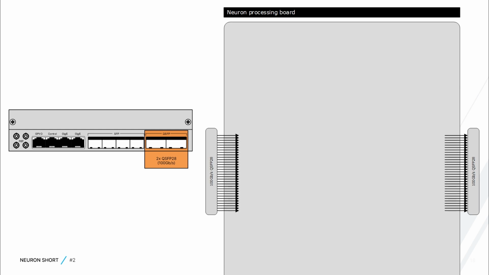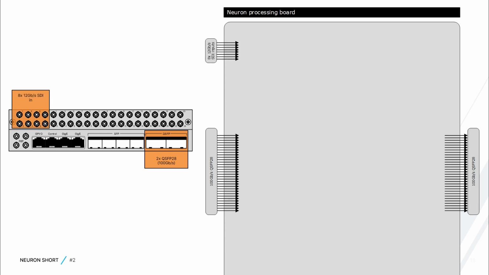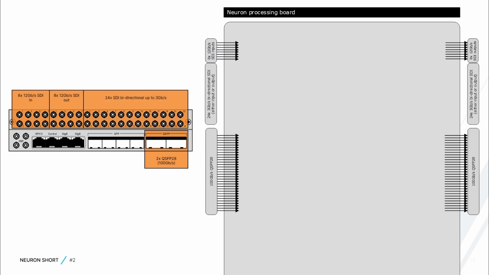On top of these IP I/O, you can have SDI inputs and outputs when the SDI expansion board is installed. This optional board adds 8 UHD capable inputs, 8 UHD capable outputs and 24 full HD capable bidirectional SDI connections. The bidirectional SDI can individually and on the fly be configured as an input or as an output.